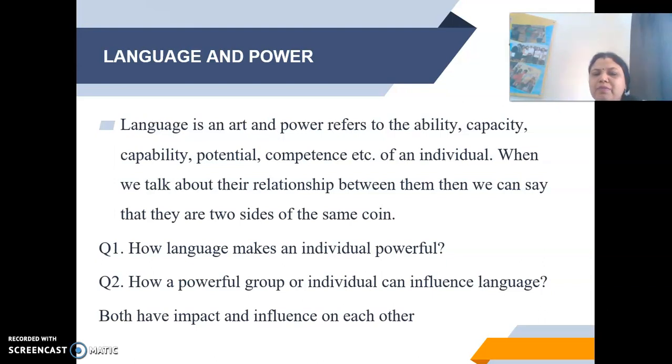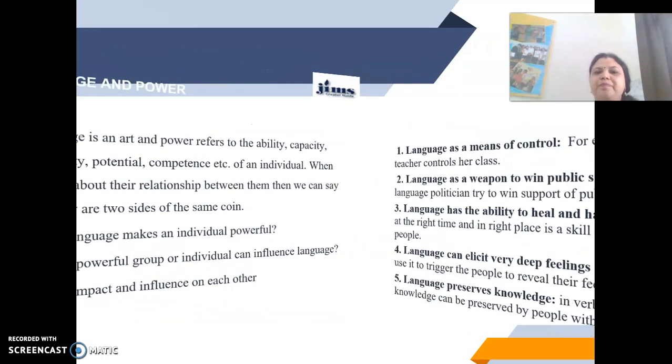Now the question that comes to our mind is how language makes an individual powerful, and how a powerful group or individual can influence language. Yes, both have impact and influence on each other. Let's see how language influences power and power influences language.